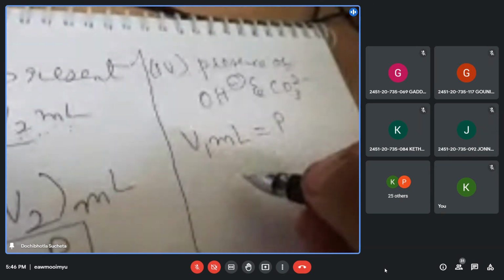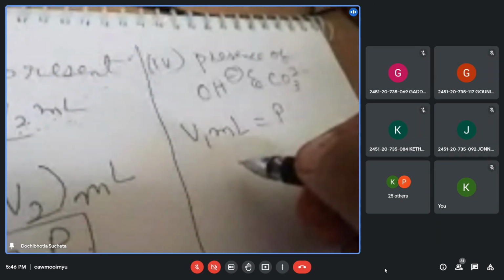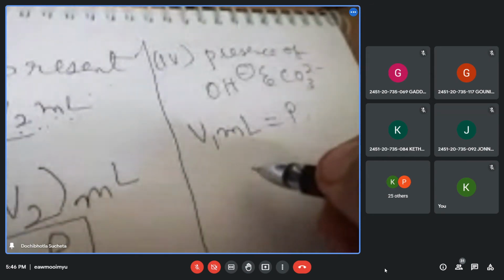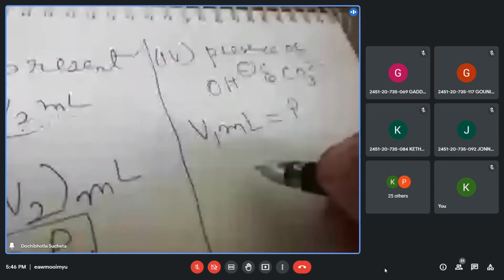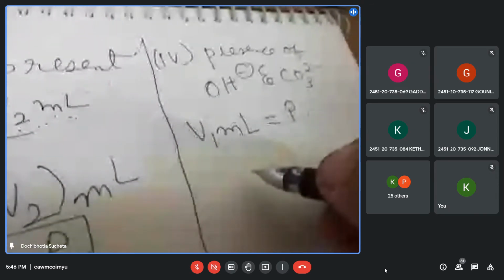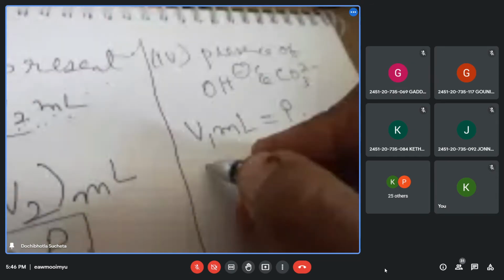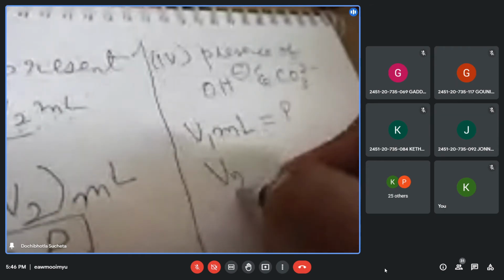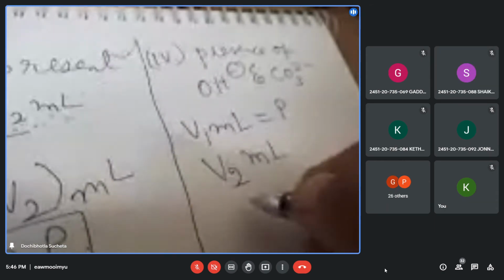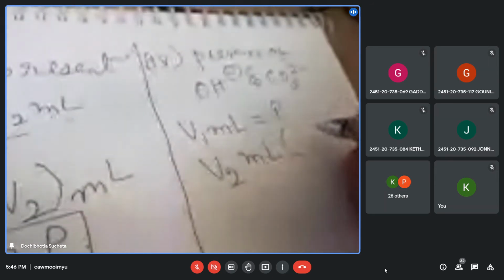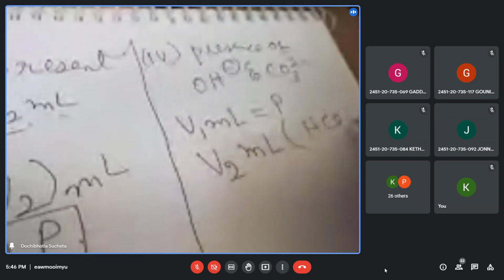To the colorless solution, I'll add methyl orange indicator. Okay. And what will I find? That methyl orange gives yellow color and it gives red color upon titration. So, the color change from yellow to red is V2 ml, which shows the neutralization of bicarbonate ion.